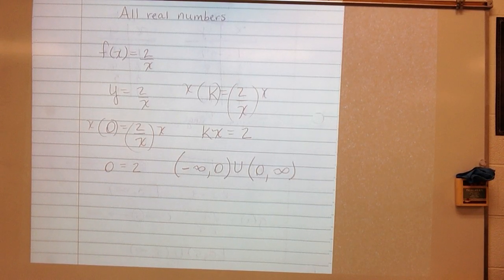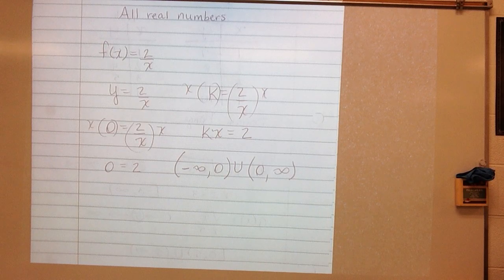Once again, you have a removable discontinuity. Then you have what we call jump discontinuity. Notice what happens. There's a big break in the graph, and it jumps from one part to the next. Almost like it took a break for a moment. It said, I'm going to hide. Alright, so that is a jump discontinuity.